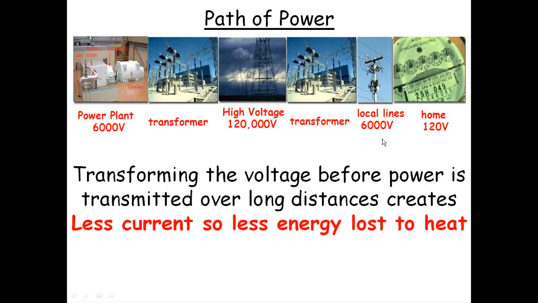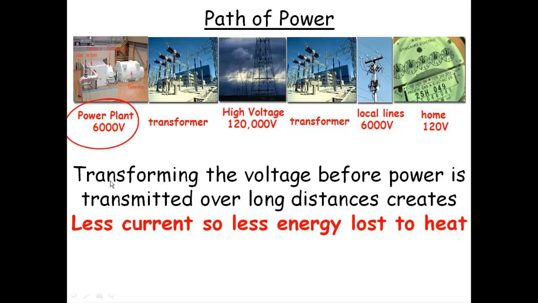Finally, let's talk about the path of this power, where we use some of these transformers. It takes a lot of energy if we send the power with a lot of current. So if we can reduce the movement of those electrons, we reduce the current, and we can limit our loss due to heat. So in order to reduce the current, we have to, of course, increase the voltage.